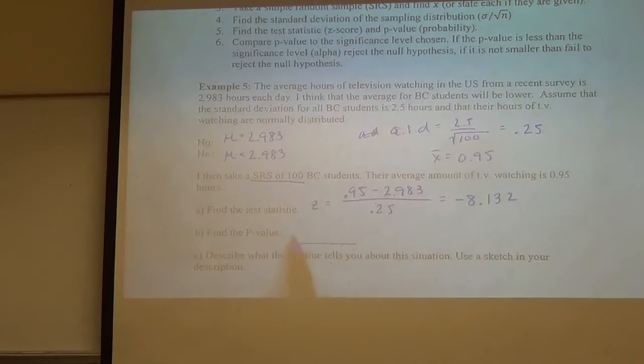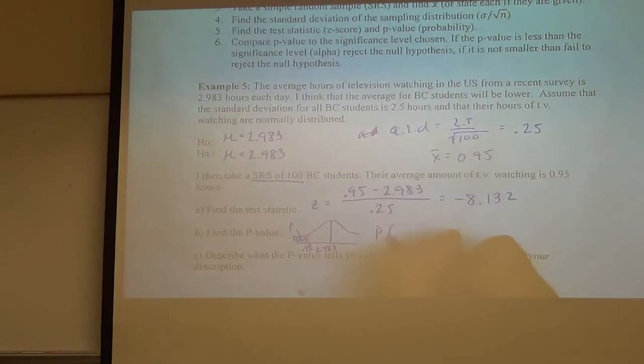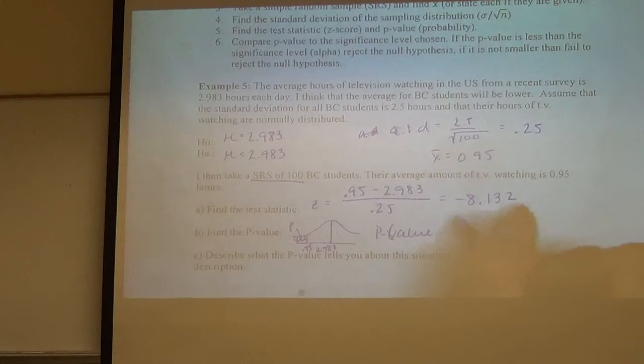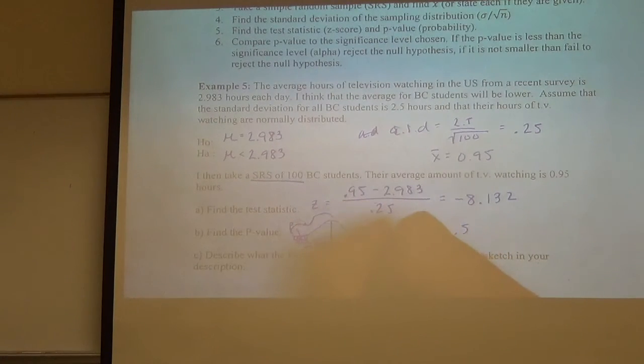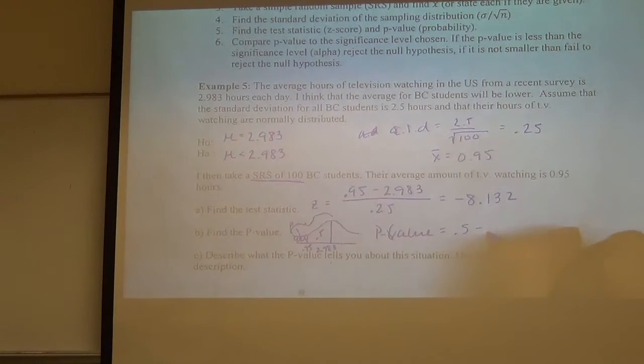I knew from before the picture I was looking at was something like this. I had 2.983 here, I had 0.95 here, and the p-value we're finding is the less than piece. So the p-value would be equal to 0.5, all of this, minus, and then we rounded this up to 0.5, which was 0.